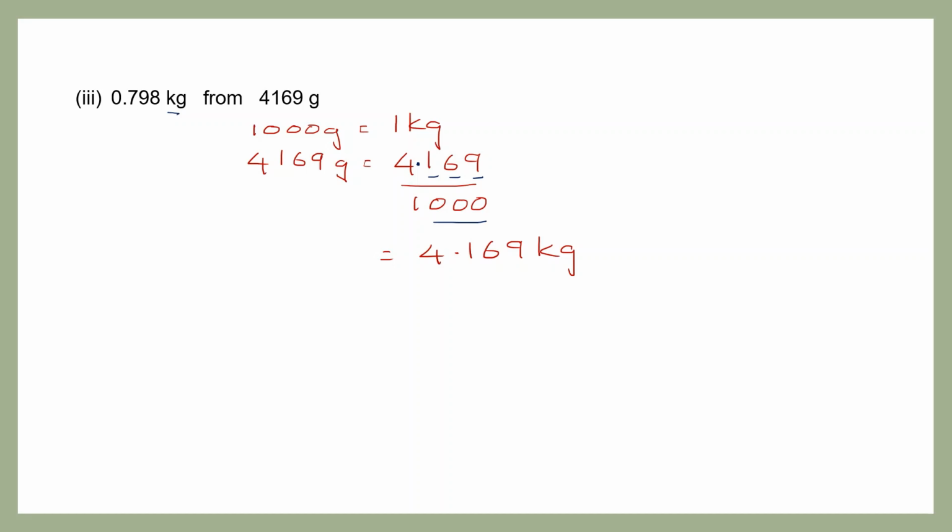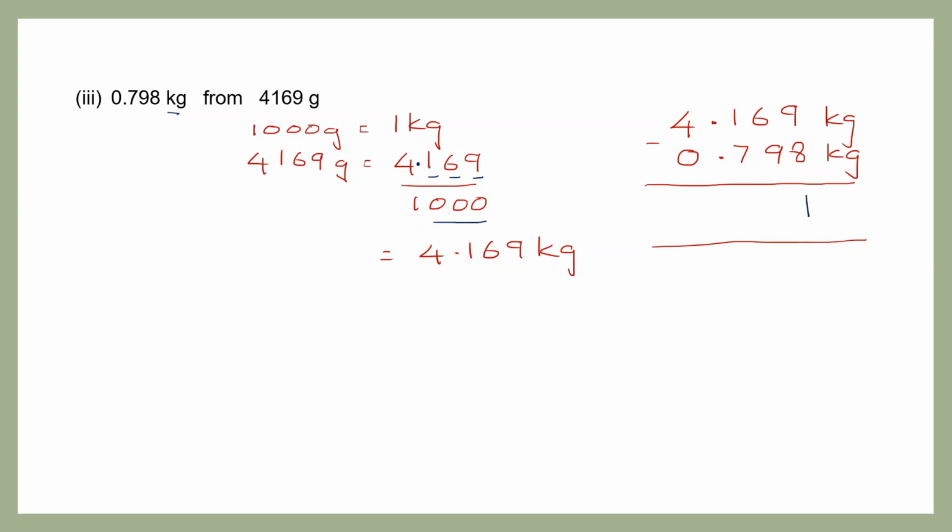So let me write this one first. 4.169 kilograms. The other number below this, 0.798 kilograms. Now let me subtract both these numbers. They are like decimals, so I don't have to add zeros. 9 minus 8 is 1. 6 minus 9 I cannot do.